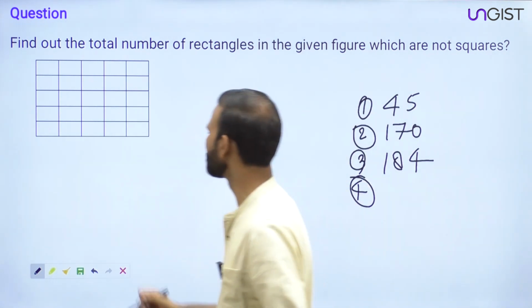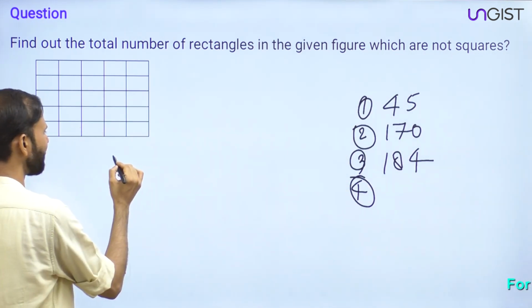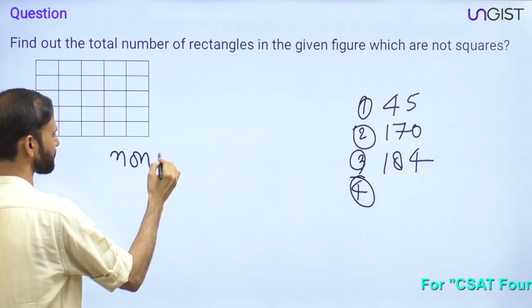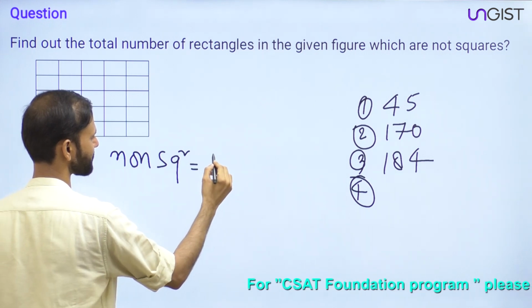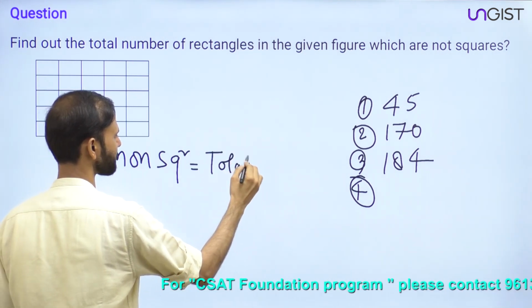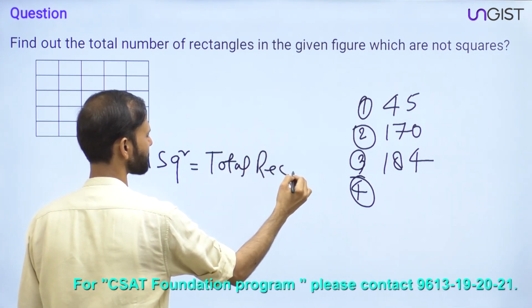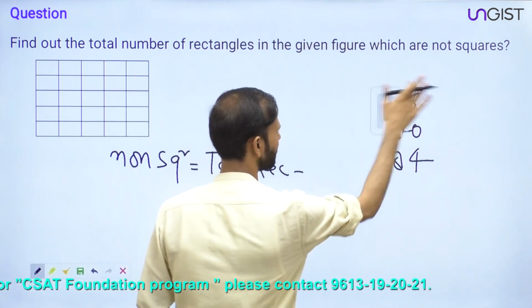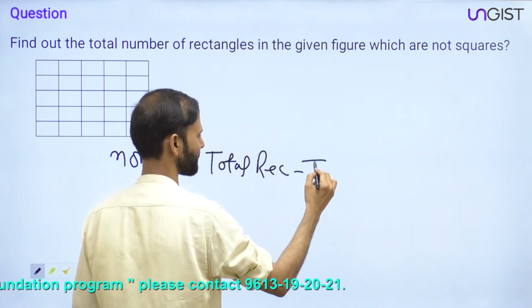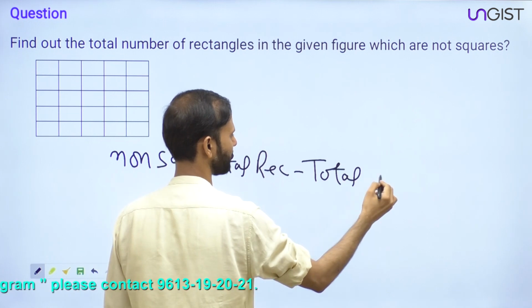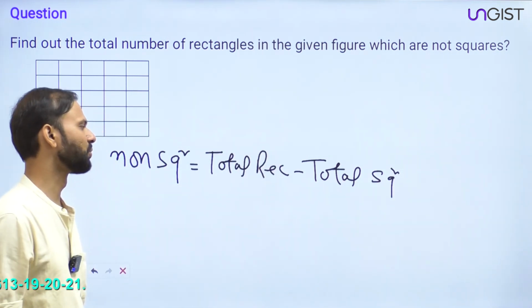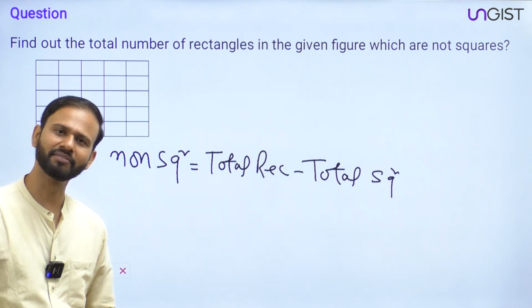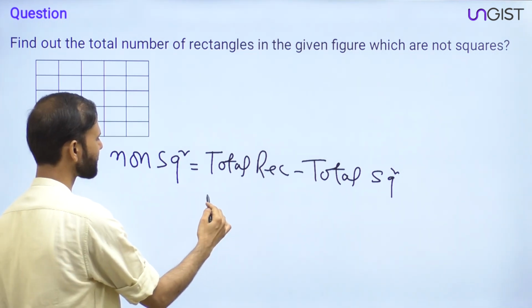Okay, so now let's try this question. You need to find non-square rectangles, fine. So this is total number of rectangles minus total squares, right everyone? So total rectangles are what?